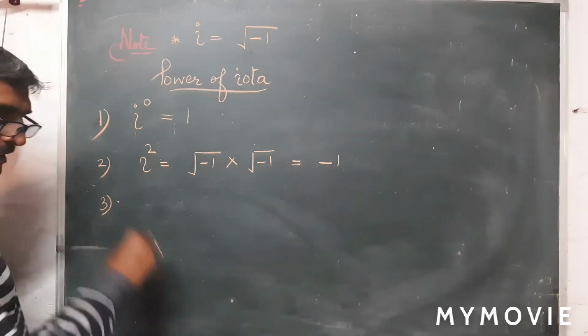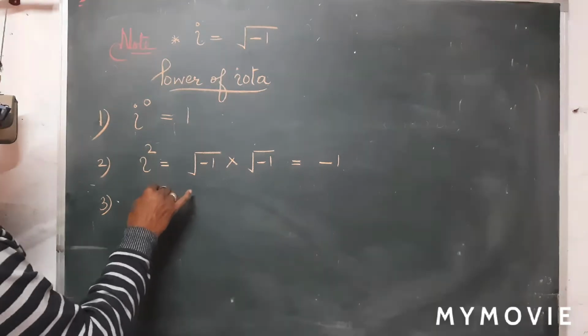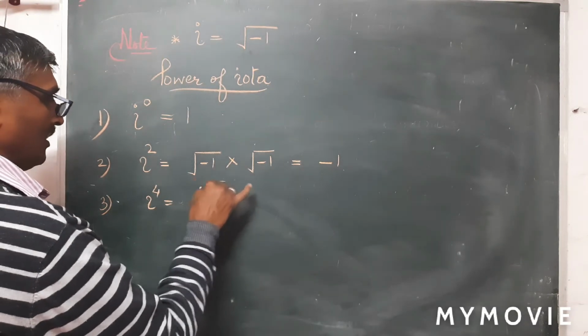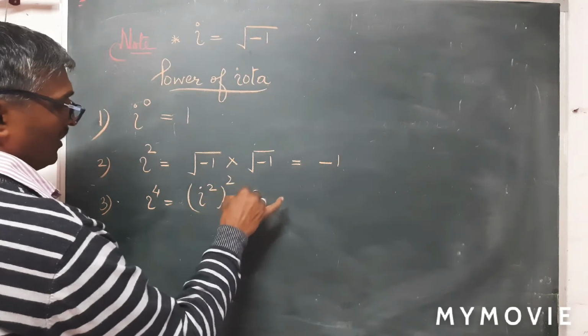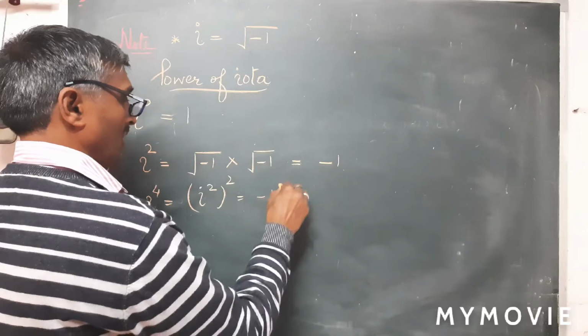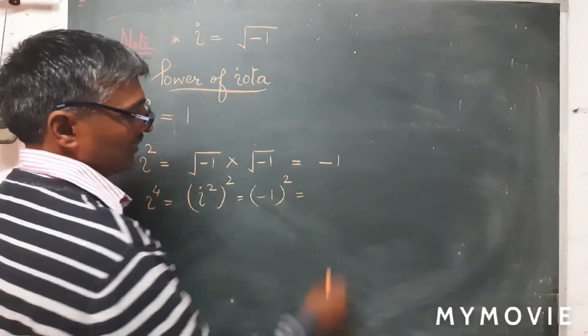And third, iota to power 4 is iota square whole square, that is minus 1 to power 2, which is 1.